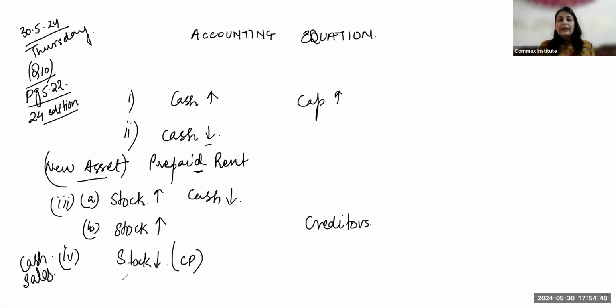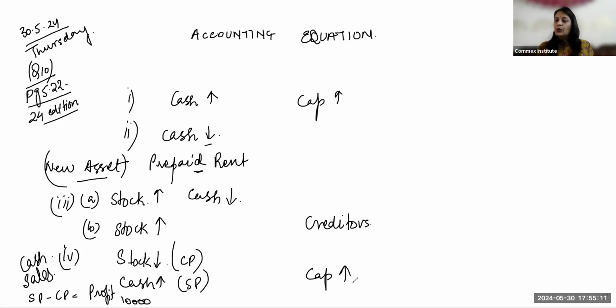The cash will increase on the asset side by the selling price and the profit of 10,000, because selling price minus cost price is equal to profit. So here selling price is 30,000, cost price is 20,000. So the profit of 10,000 will be added to the capital. So capital will increase by 10,000. Any doubts till here?